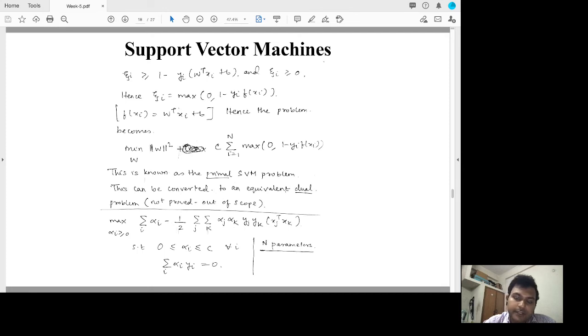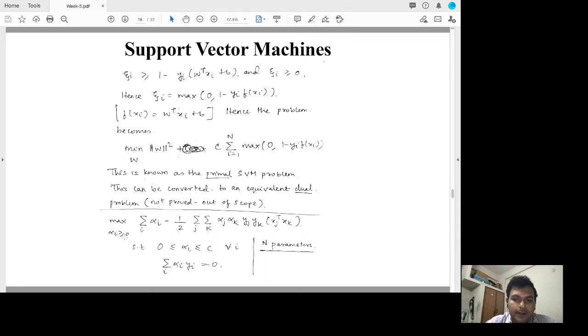This can be converted to an equivalent dual problem, and from these two sentences there are considerable optimization exercises involved. I am not going into that because they are out of scope. Just believe me that this particular problem which you see up top can actually be converted into this particular problem. There are some alpha constants. Now whatever was there in minimization becomes a maximization problem.